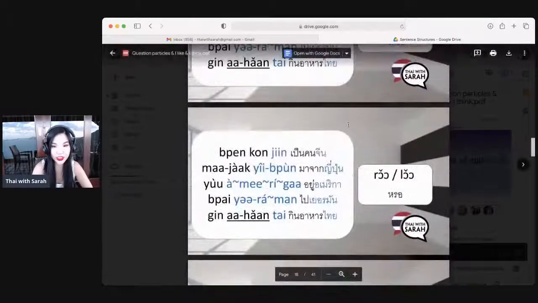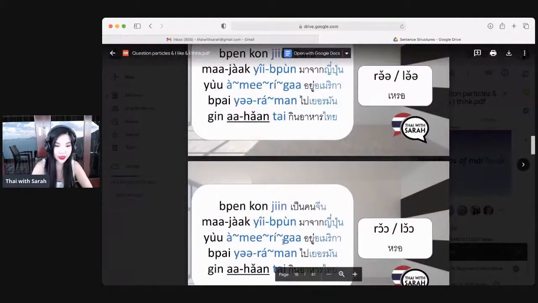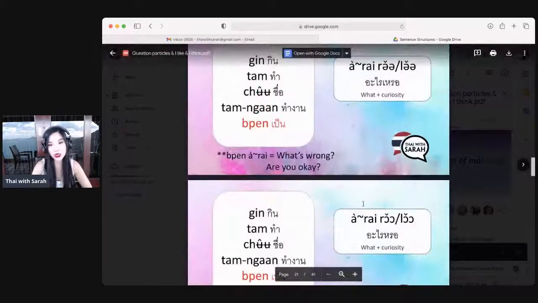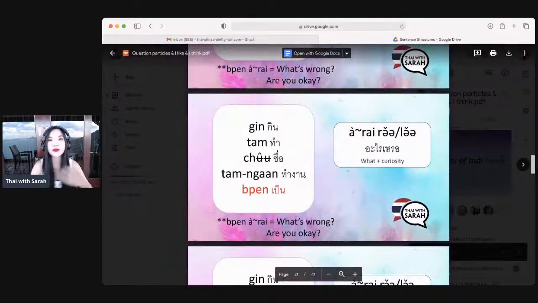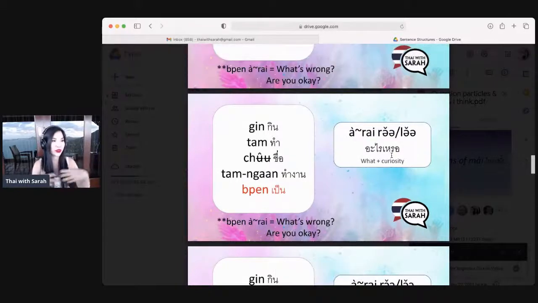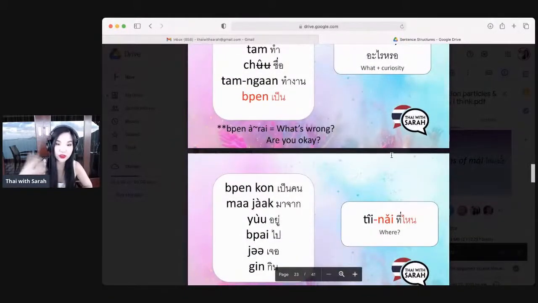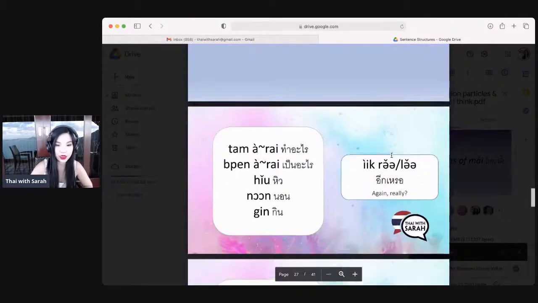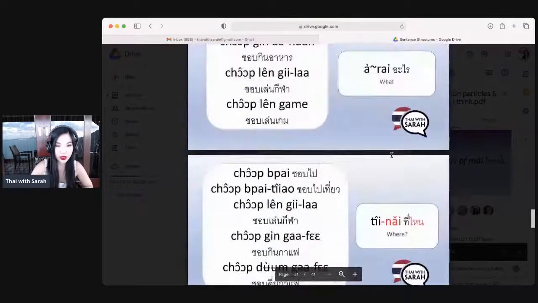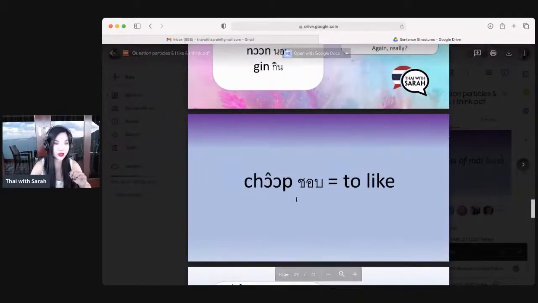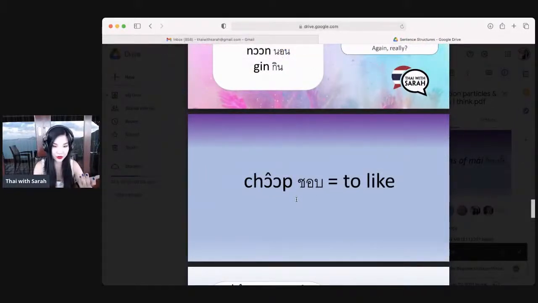A variation of หรือ is เหรอ, so that's what we'll be teaching. And I will also teach how หรือ, when put together with a WH question, adds curiosity. Stuff like that. There's a lot in here, and I cannot go into detail on all of this, but if you're interested to learn more, you can join my Volume 2 course.